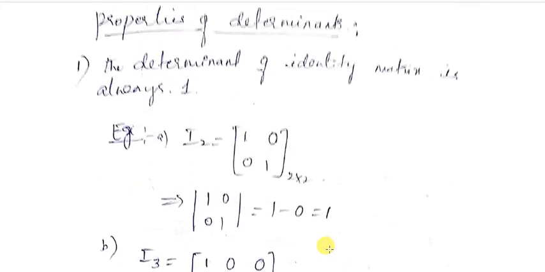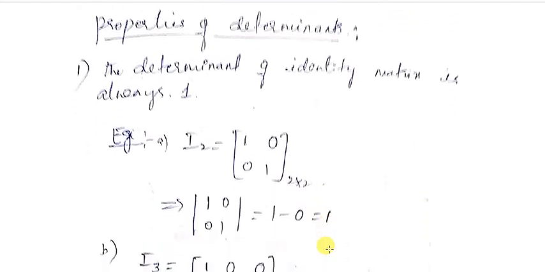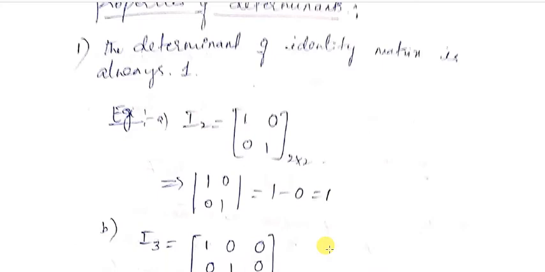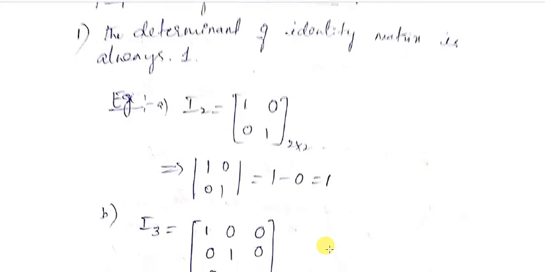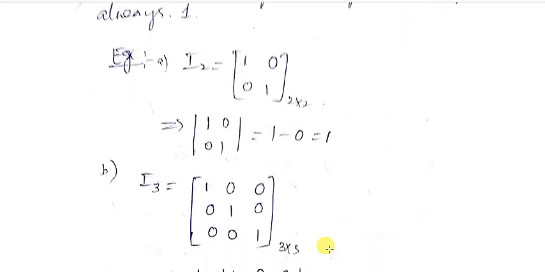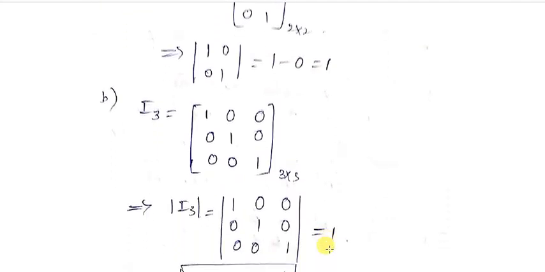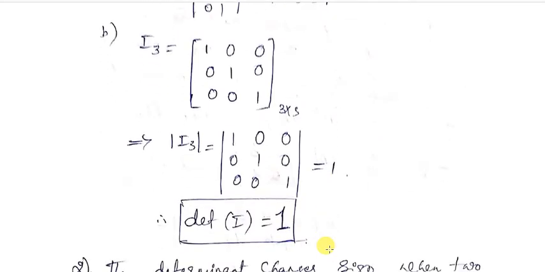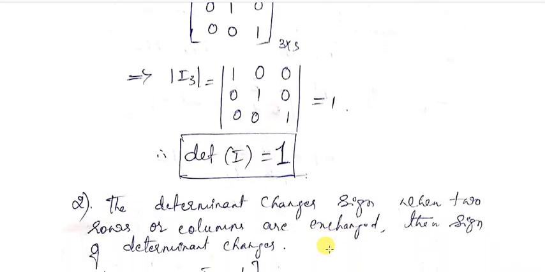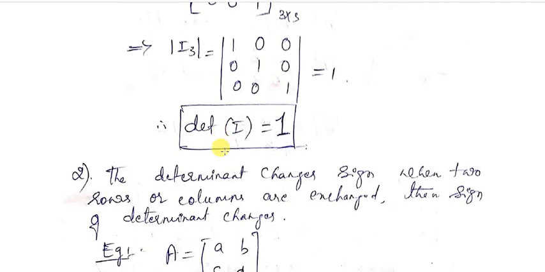The value of a matrix, its determinant, is a scalar number, right? So the determinant of an identity matrix is always equal to 1, whether it is of order 2 or 3 or nth order. So determinant of I is always 1. This is the first property.